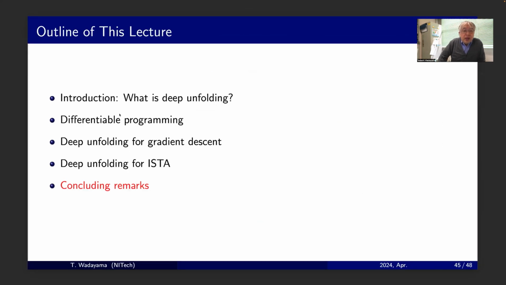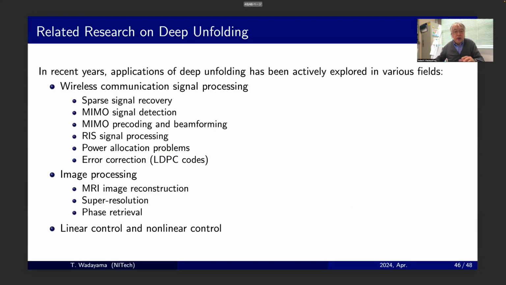Okay, I'd like to conclude this lecture with several concluding remarks. In recent years, applications of deep unfolding have been actively explored in various fields, such as wireless communication, image processing, and control.